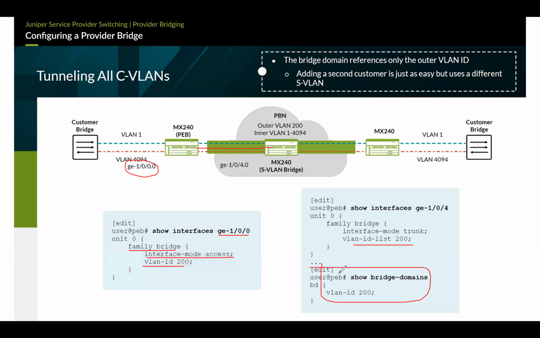You can consider that VLAN ID 200 is coming here. You are just enabling the trunk port and allowing this VLAN 200 coming from the customer. This is very simple. This device works like a layer 2 switch. That's it, no difference.